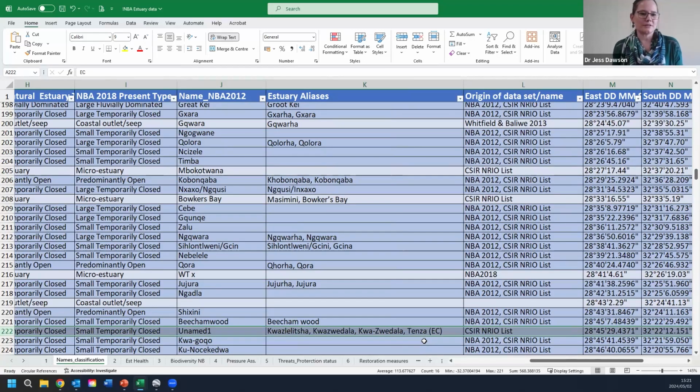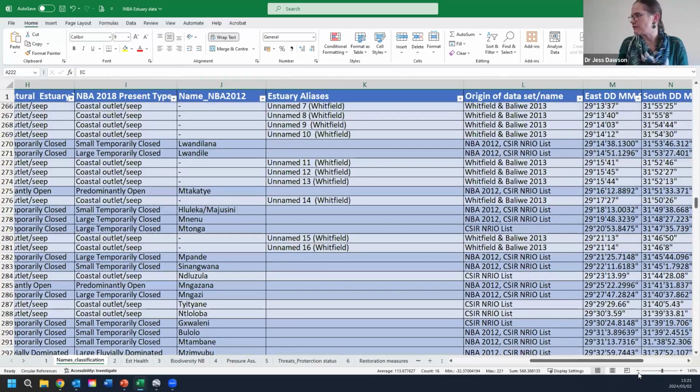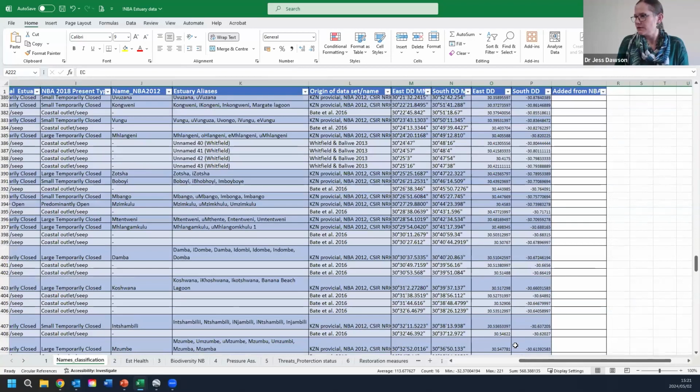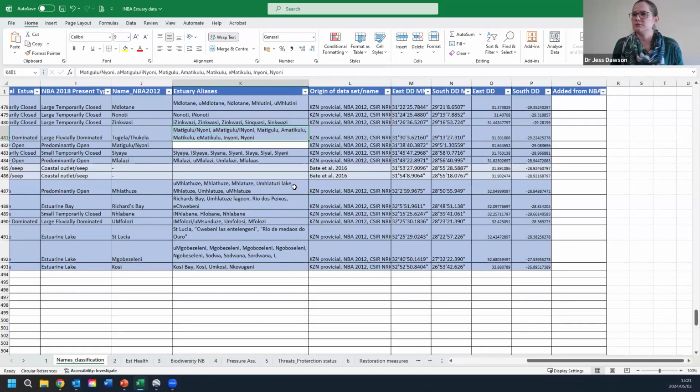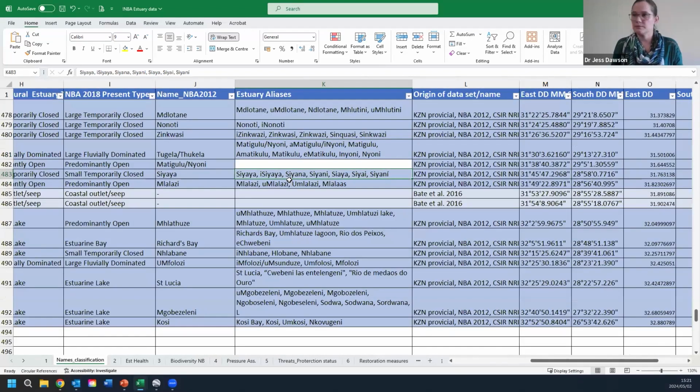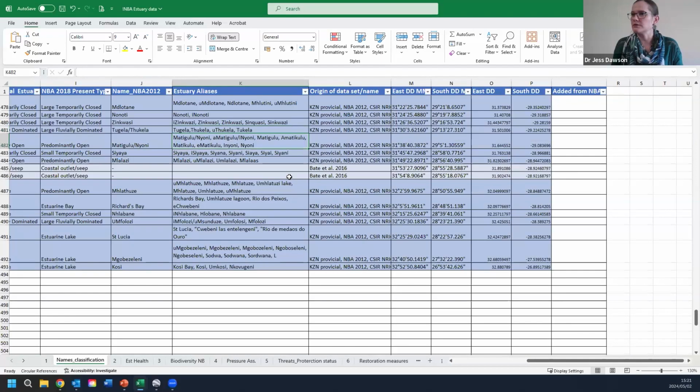I know the Tugela from if you've gone to the Drakensberg, or you know the Tugela waterfall. The Tugela estuary, which is on the far east coast, has 4 different ways of spelling for that estuary.